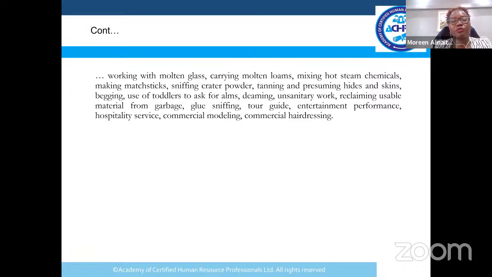You cannot use them to perform entertainment. They cannot be used in hospitality service, things like that. And I even found another interesting one here. Glue sniffing. Who can employ a child to sniff glue? Honestly, maybe it was being done. That's why they had to put it in the rules.